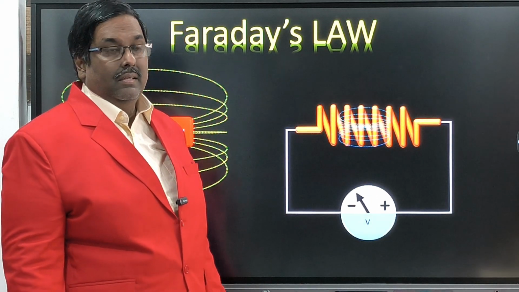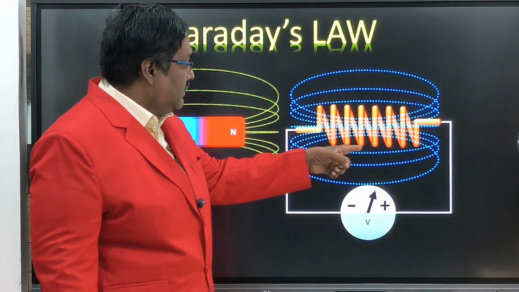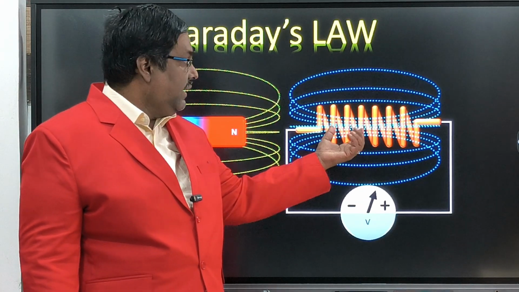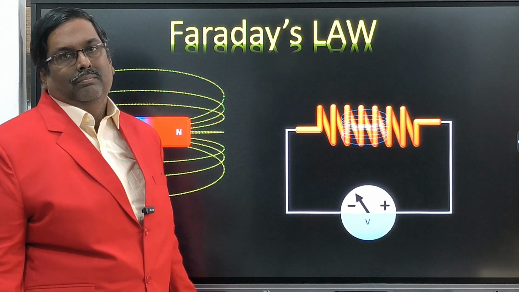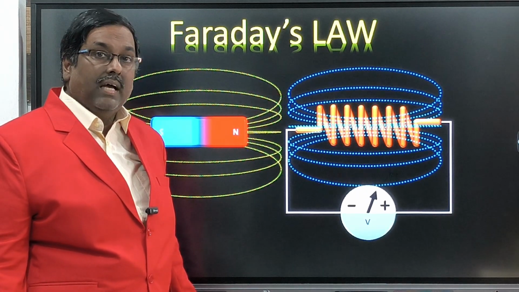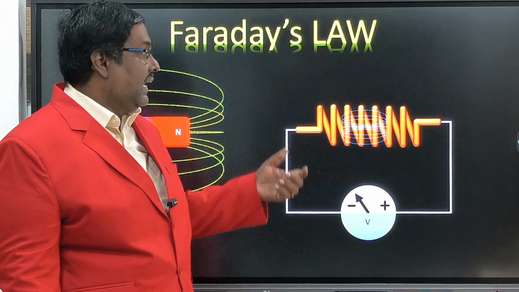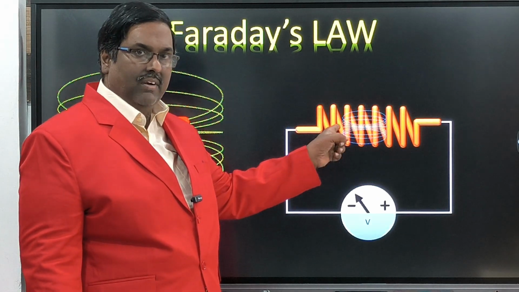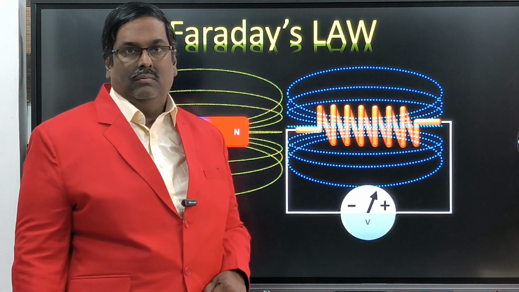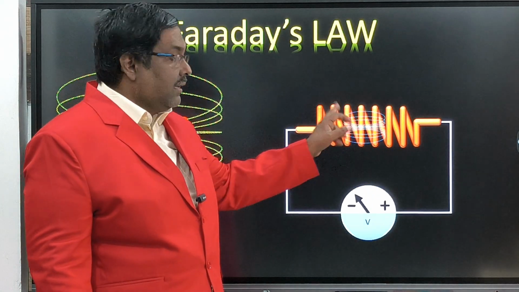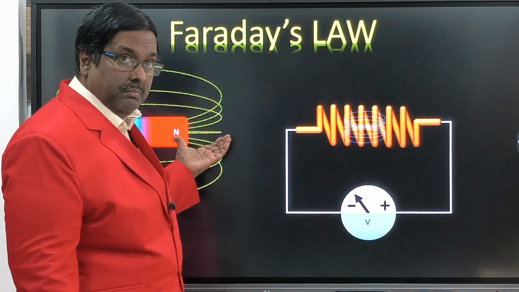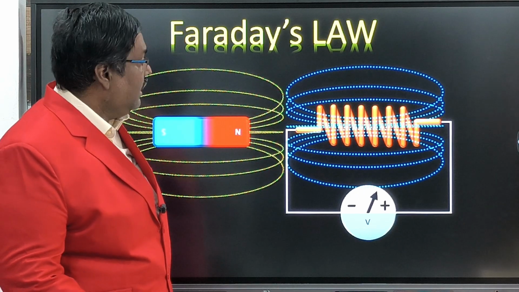But Lenz said that because of this action, another magnetic field is created inside the coil, and that magnetic field also has a direction. Faraday didn't state the direction of the magnetic flux produced in the coil. But Lenz said it has a direction, and the direction is not favorable to this magnet, it is opposing. We will see how it is opposing.